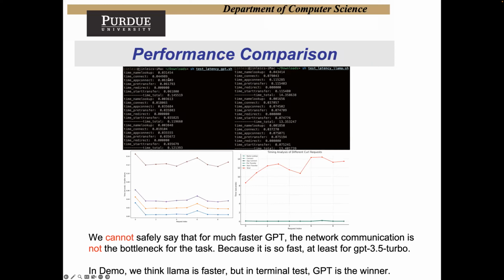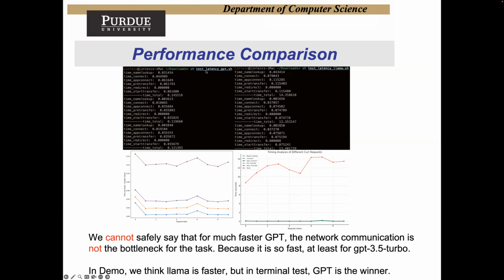So this is the performance comparison between the GPT server and the Llama server. The conclusion is that we cannot safely say that for much faster GPT, the network communication is not the bottleneck. It means that for GPT 3.5, it is possible that the network latency is the bottleneck, because we can see here when we run the curl command, the total time is like hundreds of microseconds.